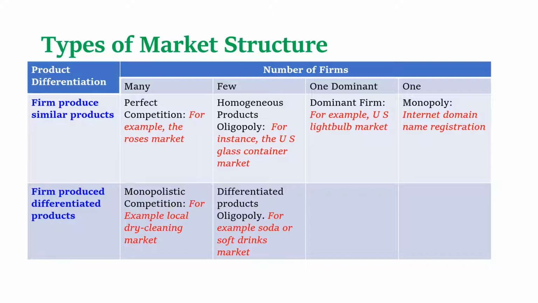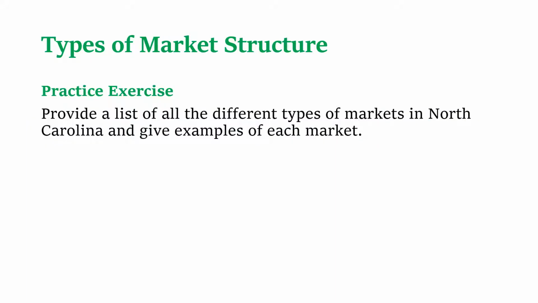So I'm going to stop for today, and then hopefully we'll move on to some other concepts in the other lectures. But before we move on, I want you to do this exercise when you go home. Provide a list of all the different types of markets in North Carolina.